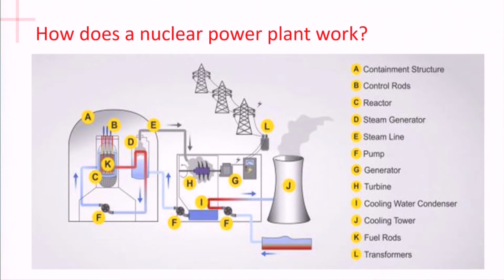From the turbine it goes to the generator, and from the generator we get electricity, which is transmitted to the grid. The hot water obtained in the nuclear reactor is then taken for cooling purposes. It is cooled and again pumped back to the reactor. So, this is how the nuclear power plant works.